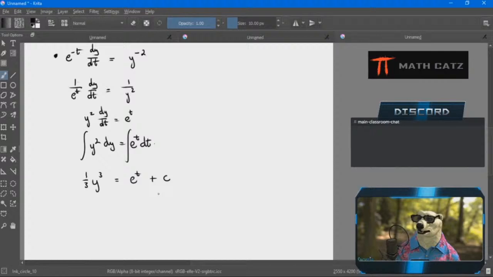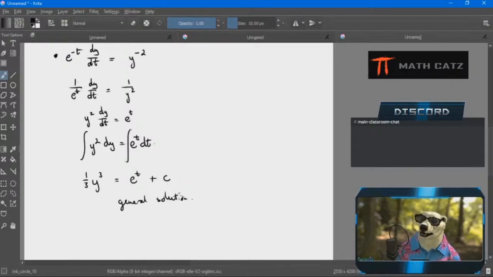Group all the constants. General solution. Nothing to it. Well, not nothing, but this separation of variables method is designed to be straightforward and fairly simple if I just know how to approach it.